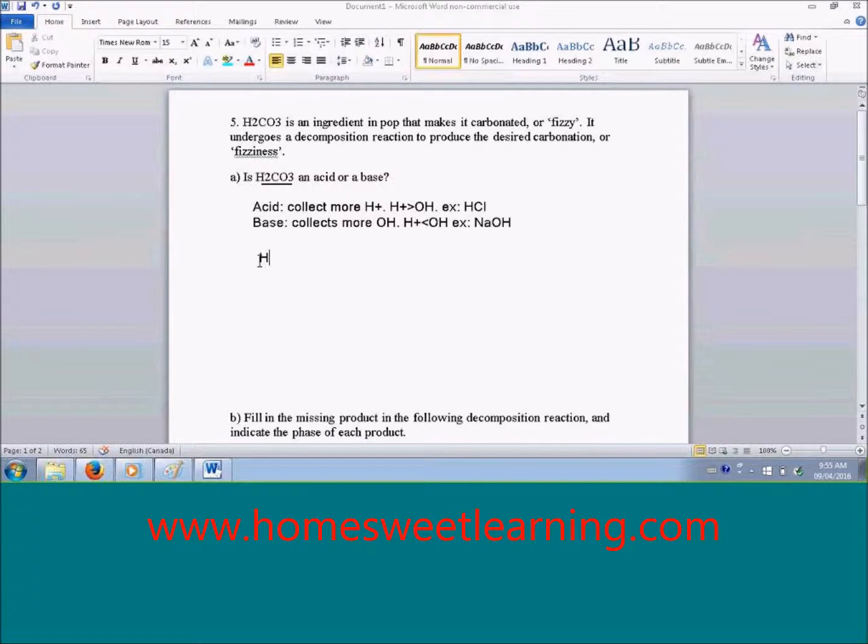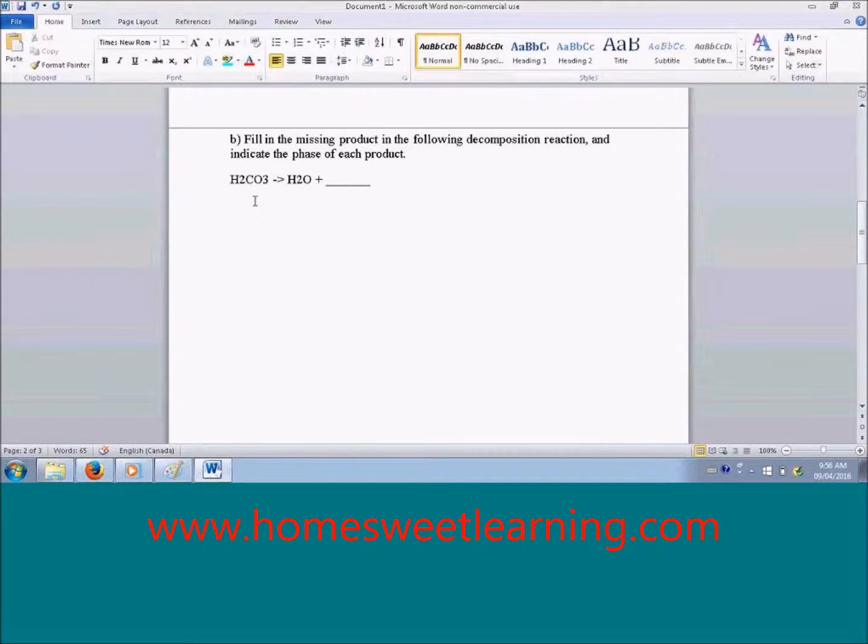So H2CO3 is an acid, and this is based on the Bronsted-Lowry definition. Now, in order to fill out what the product is, we have to understand what a decomposition reaction is.